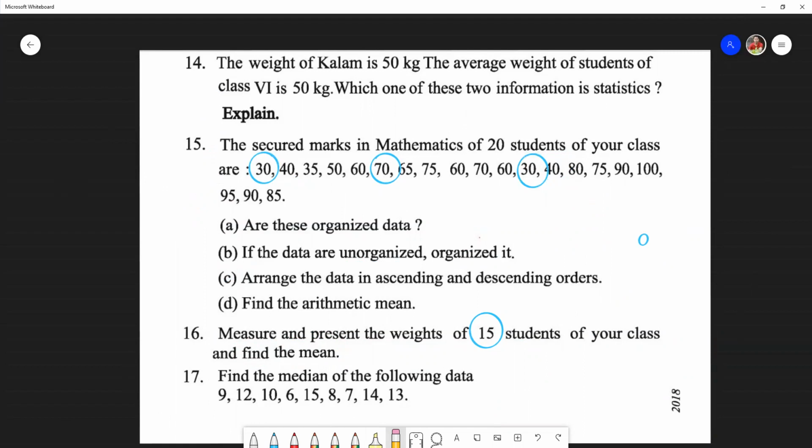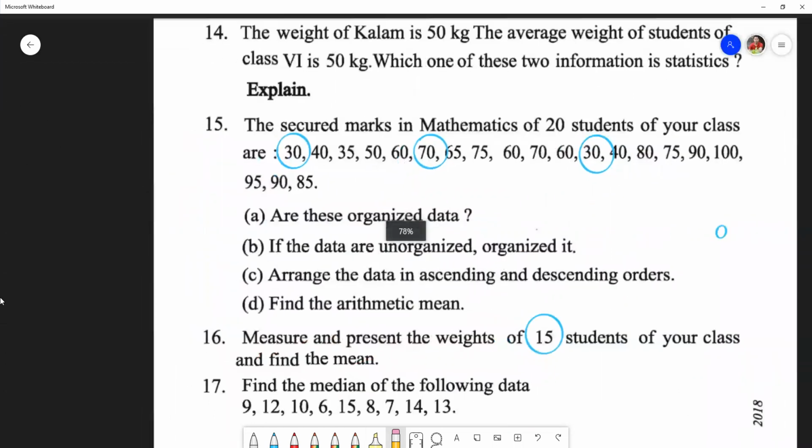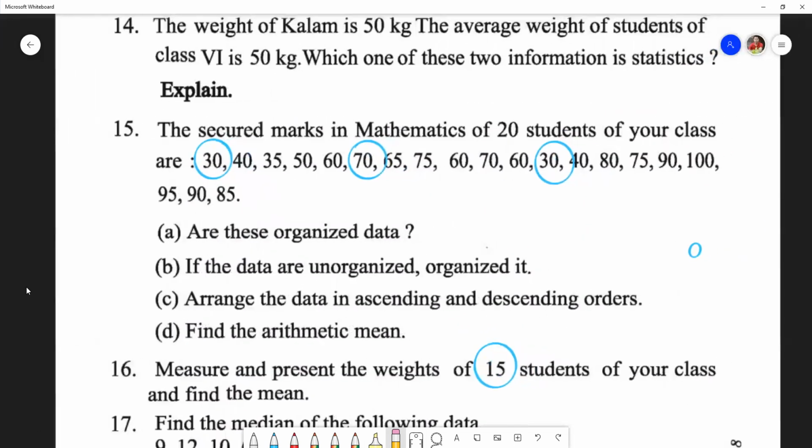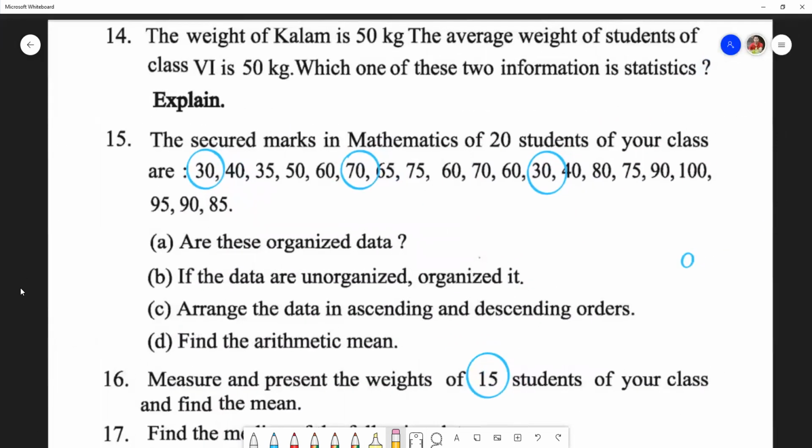Page number 170, question number 15. Can you see this question in the display? I can see the display. Okay, now you can answer from the display also.